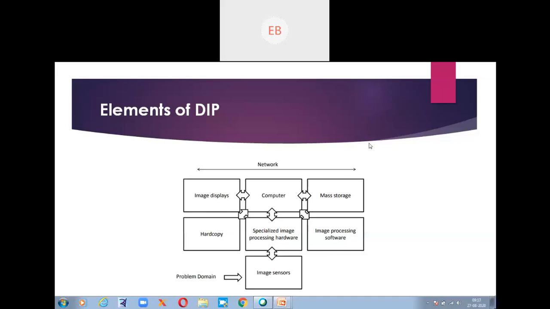Then what is specialized image processing hardware? I don't think you people remember anything. You have to remember these things, guys. These are very basic concepts. So specialized image processing hardware, what was there?